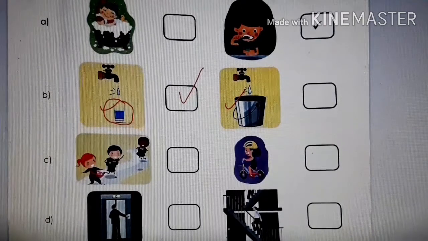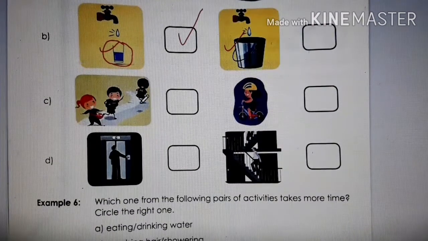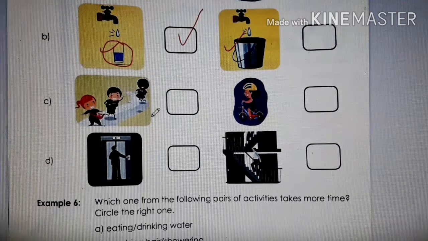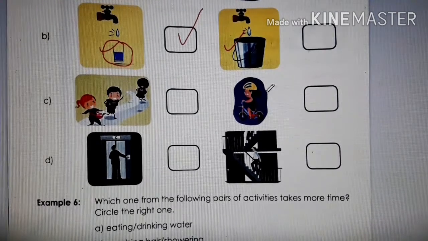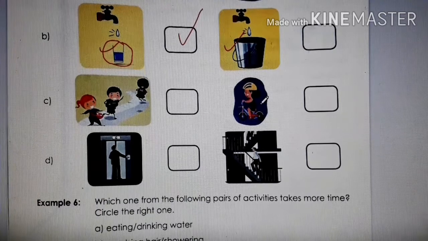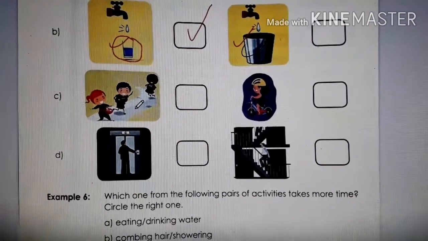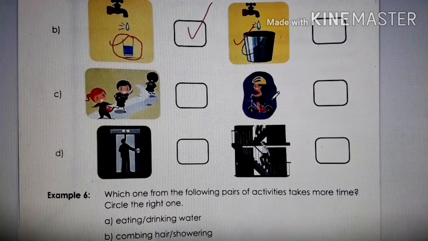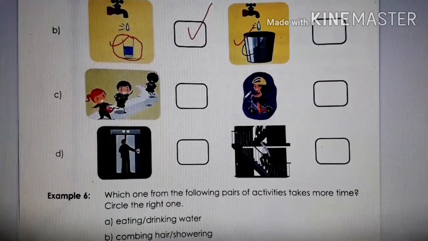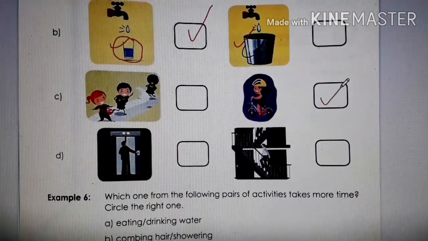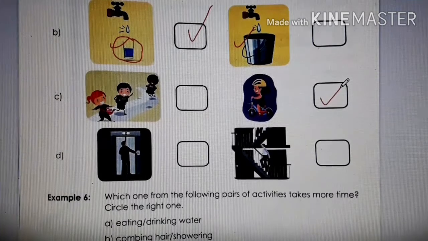Next, you can see kids going by walking. They are walking. And here a kid is riding a cycle. What will take less time, to reach by riding a cycle or by walking? By riding a cycle, isn't it?